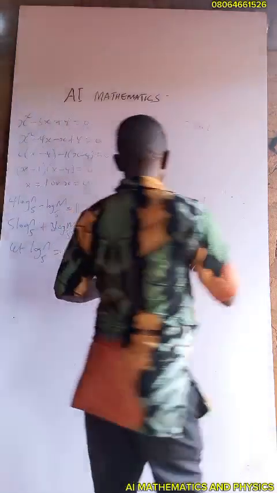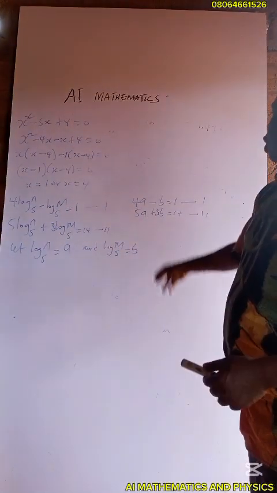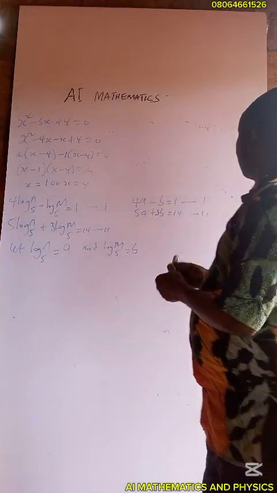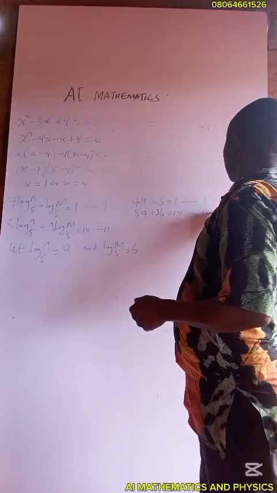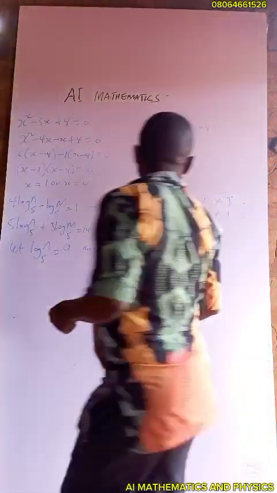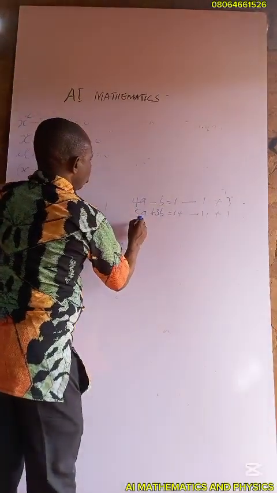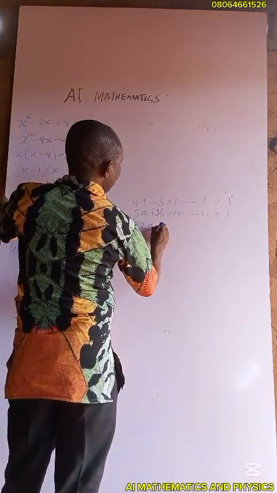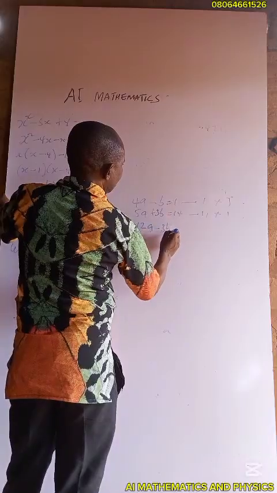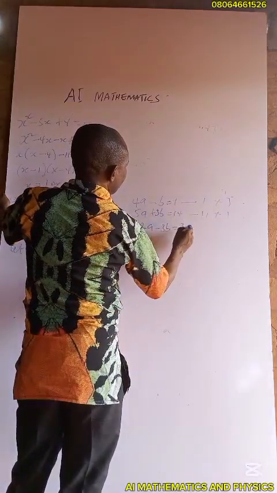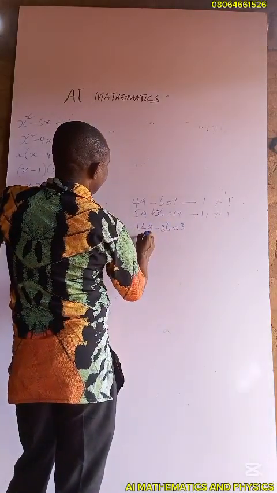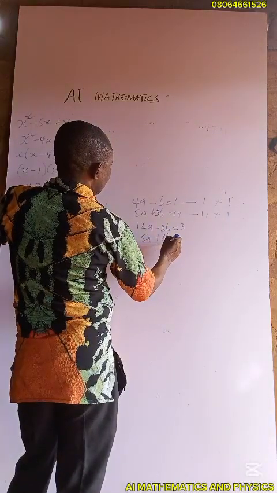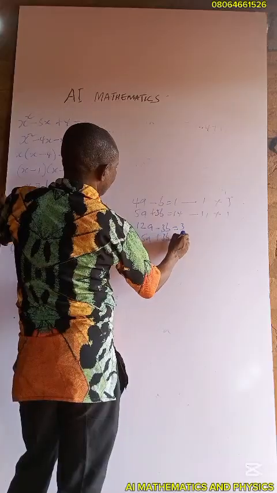Now, to cancel b, you multiply equation 1 by 3 and equation 2 by 1. 3 times 4a is 12a minus 3b equal to 3, and this one by 1 is 5a plus 3b equal to 14.